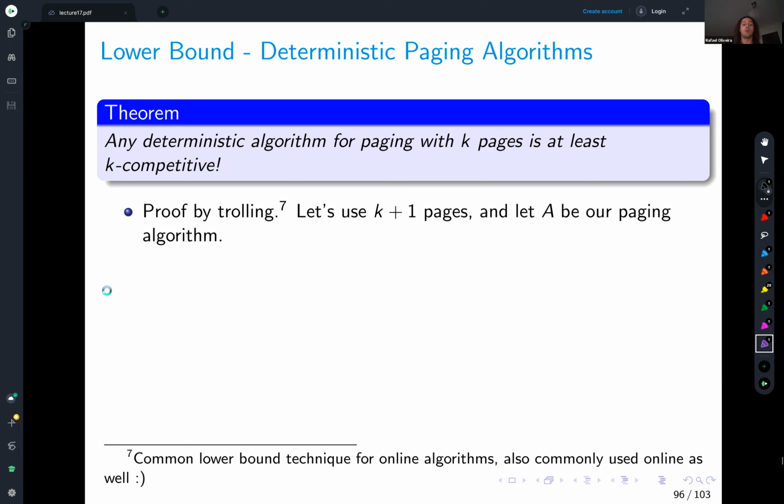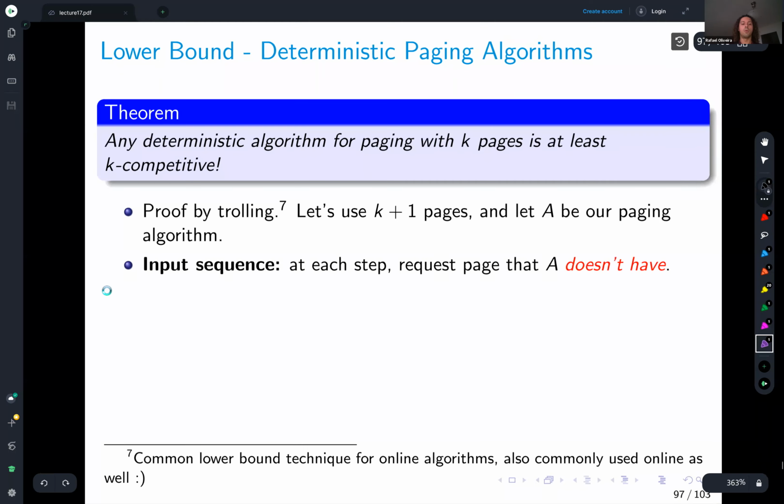So, all right. So let's say that we have just K+1 pages, okay? All we need is K+1 pages. And let's say that A is our paging algorithm, okay? So here's the input sequence. And why is the proof by trolling? We're just going to troll our algorithm A. What we're going to do is the input sequence will be at each step, we're going to request exactly the page that our algorithm does not have.